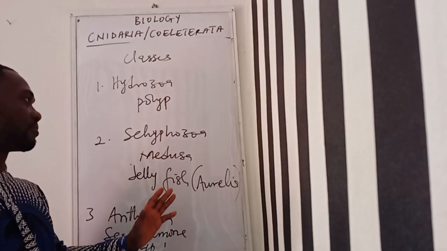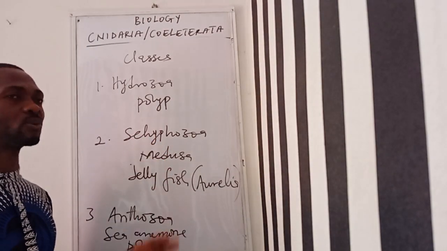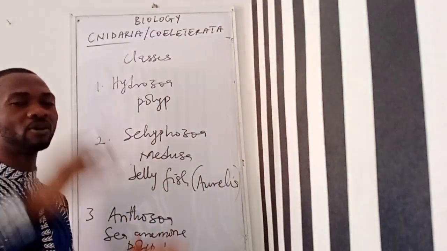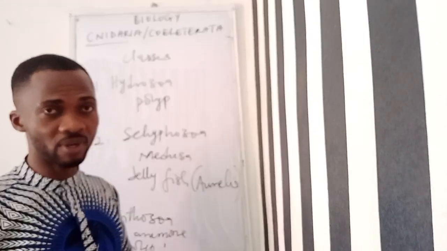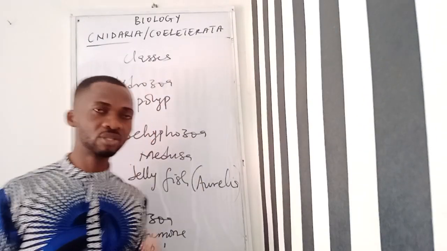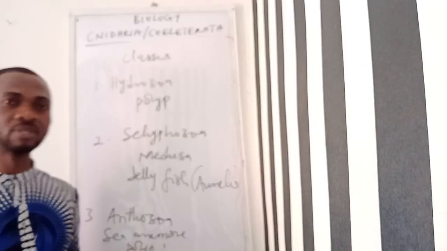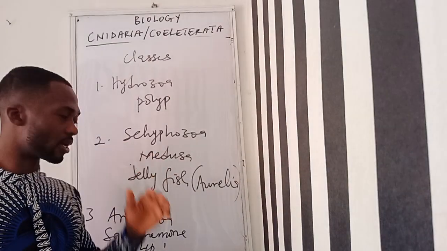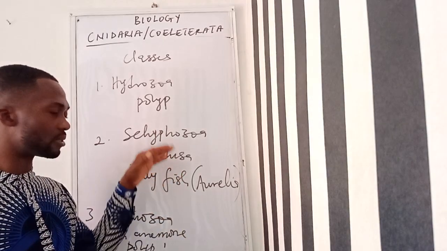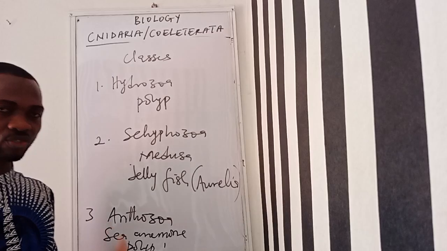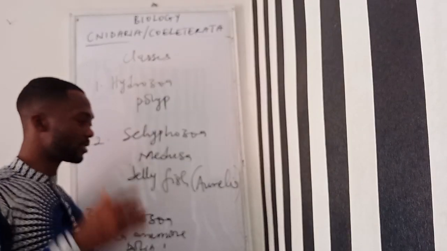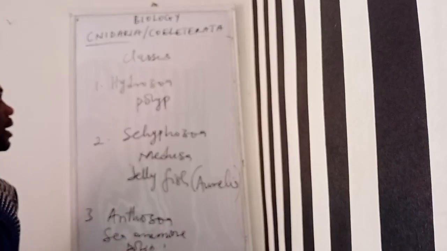So if somebody tells you that members of Scyphozoa alternate between medusa and polyp, that's correct. However, the dominant stage is the medusa.